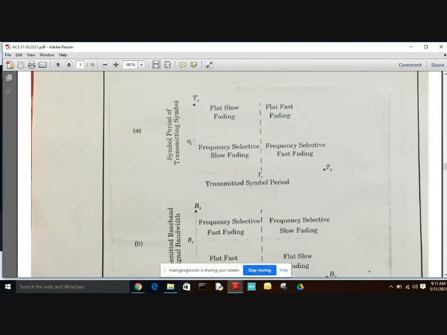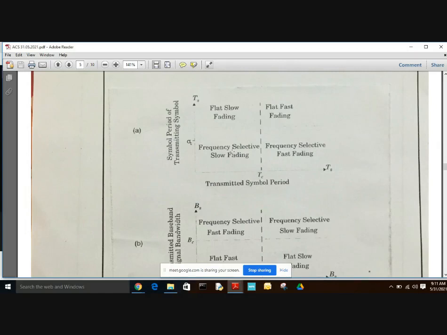So if Ts is greater than this tau-c, it is flat fading. If the signal bandwidth is less than the channel bandwidth, we have flat fading, and if the signal bandwidth is greater than the channel bandwidth, we have frequency selective fading. So based on these two categories, we have flat fading and frequency selective fading.